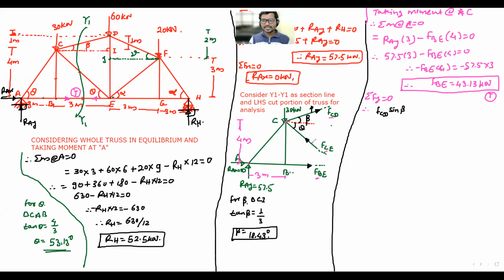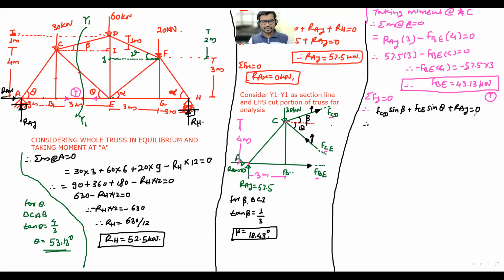What about CE as per our assumption? Plus FCE sin theta. RAY will be once again plus, equals to 0.